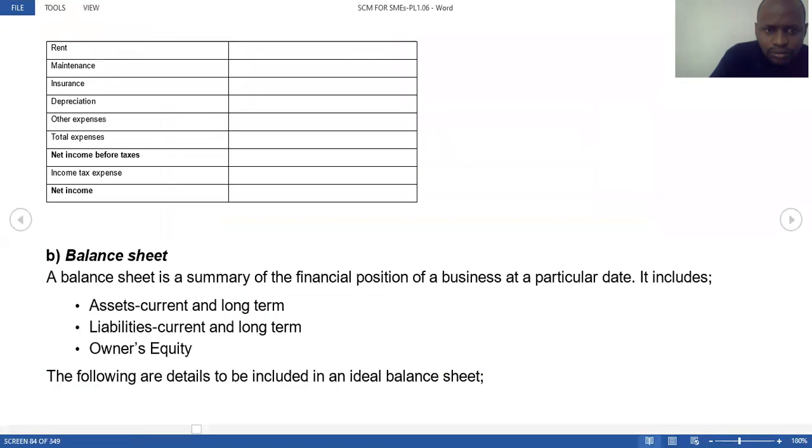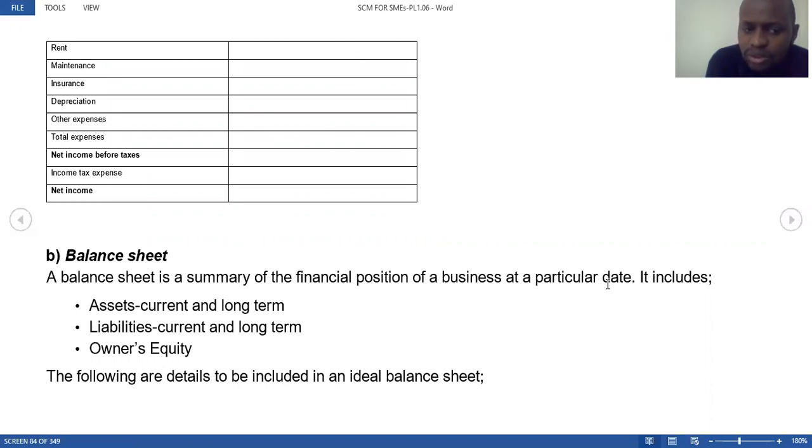income statement. Then you have a balance sheet, and we say the balance sheet is also referred to as the books, the statement of financial position. And a balance sheet is a summary of the financial position of a business at a particular date.